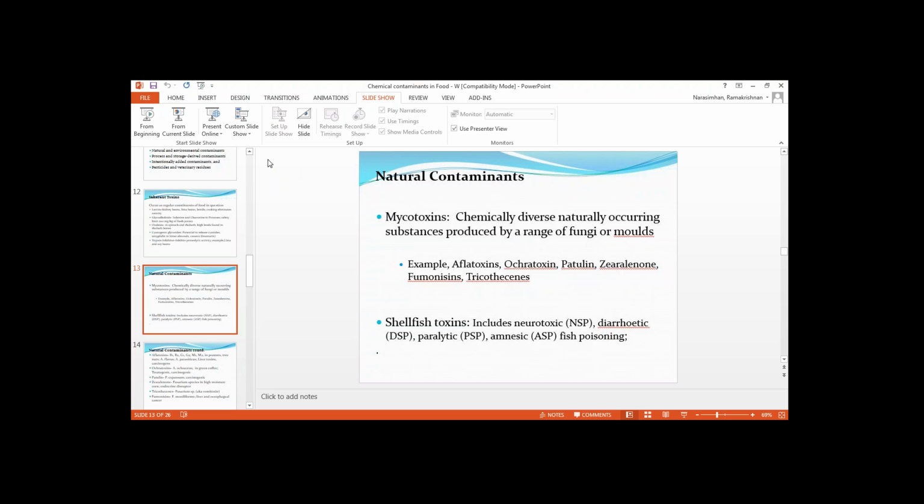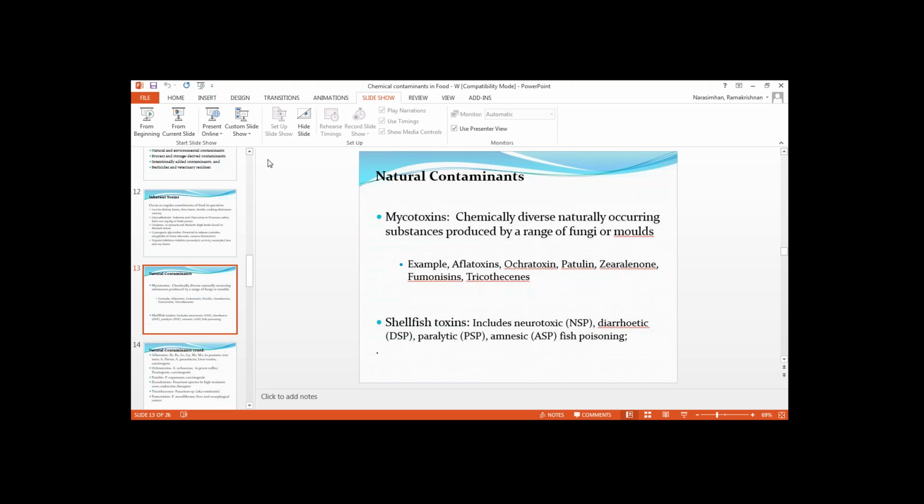The other interesting one is acrotoxin. This is a group of compounds produced again by Aspergillus, but a different species. The main toxin in the group is acrotoxin A, which causes liver damage; it has been found to cause liver damage in rats, dogs, and pigs.